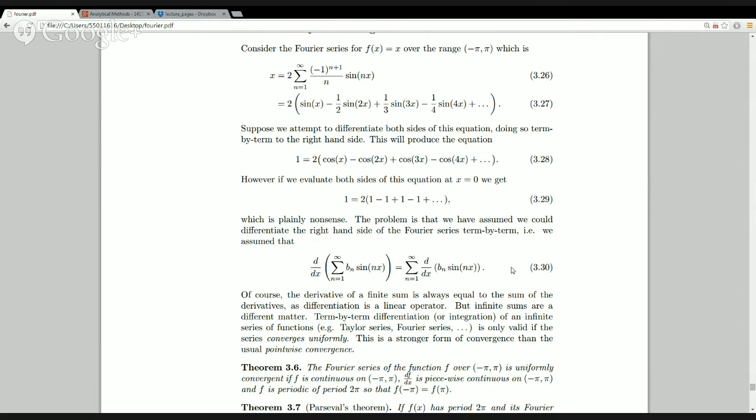One of the first things we proved about differentiation in first year was that d/dx of f of x plus g of x, the derivative of a sum of two functions, was the sum of the individual derivatives. That was one of the first theorems about differentiation that we proved.